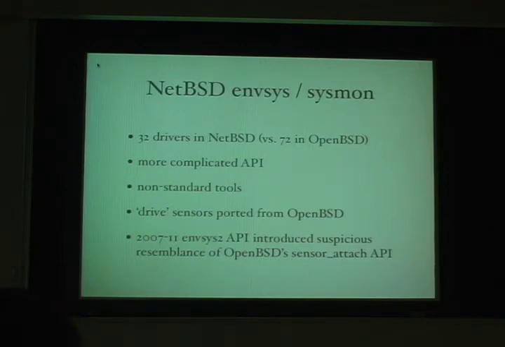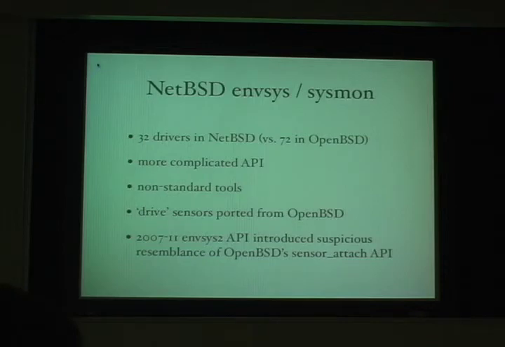Originally, the OpenBSD hardware sensor framework was based on some drivers which were part of NetBSD. NetBSD's framework is called envsys and envstat. The difference between the OpenBSD and NetBSD frameworks is that OpenBSD has many more I2C sensor drivers.